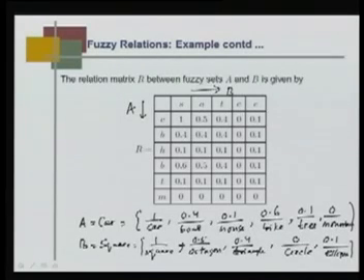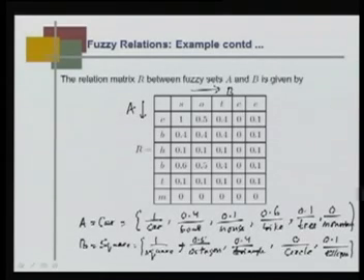Car with octagon, the minimum between 1 and 0.5 is 0.5. Car and triangle, the minimum between 1 and 0.4 is 0.4. Car and circle, the minimum between 1 and 0 is 0. Car and ellipse, the minimum between 1 and 0.1 is 0.1.